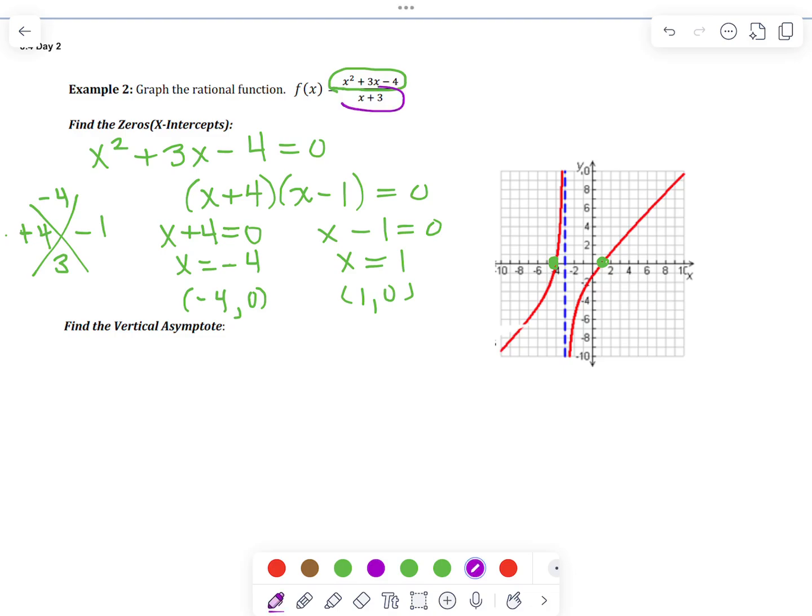Then we head down to the denominator and we set the denominator equal to 0 and then solve for x. So we subtract 3 from both sides and we get our vertical asymptote at x equals -3. Then to find the additional points for this curve, we evaluate the function.